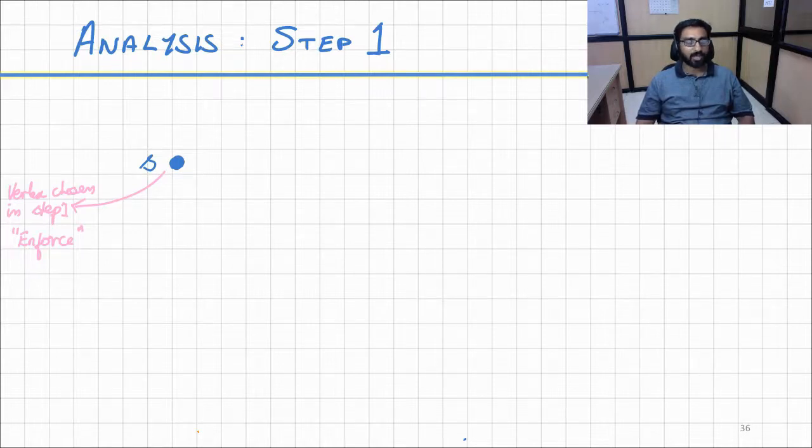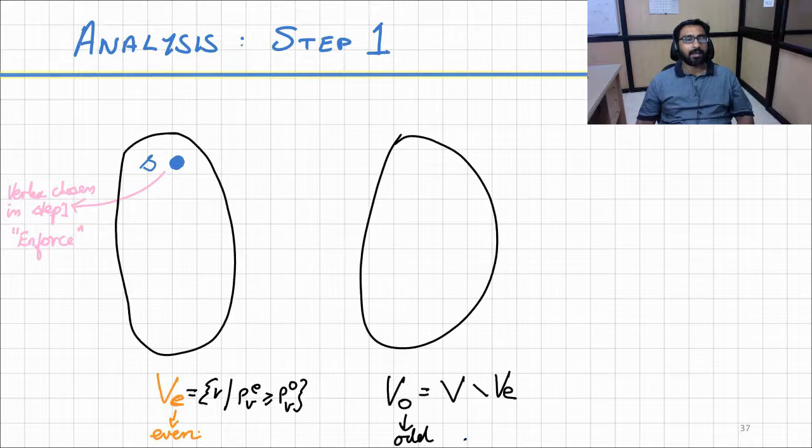Of course, in the odd cycle subroutine, we first pick an S. You can think of it as a sort of enforced step, because the moment you pick S, you can then partition the vertex set into two parts, VE and VO.